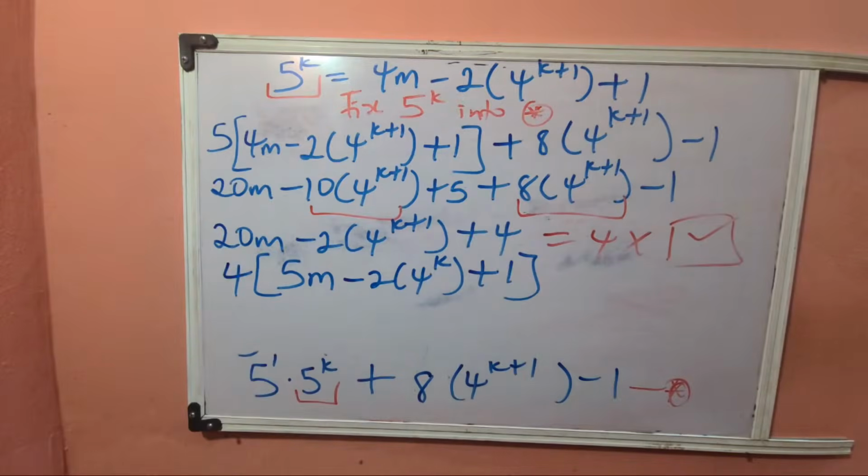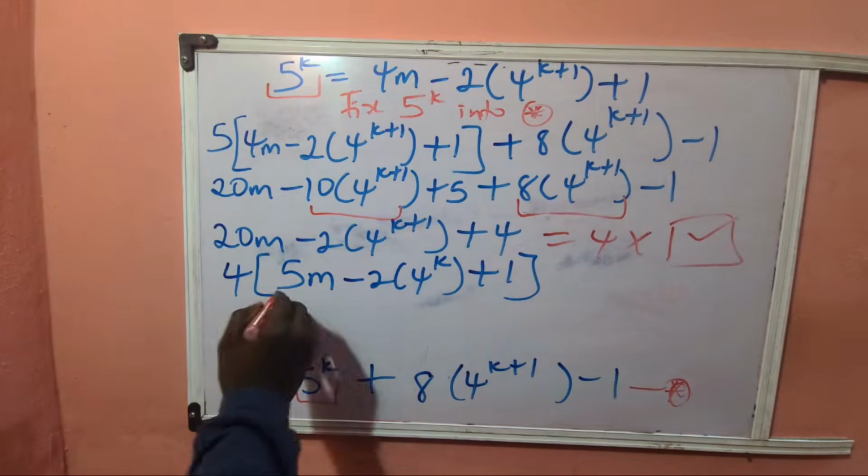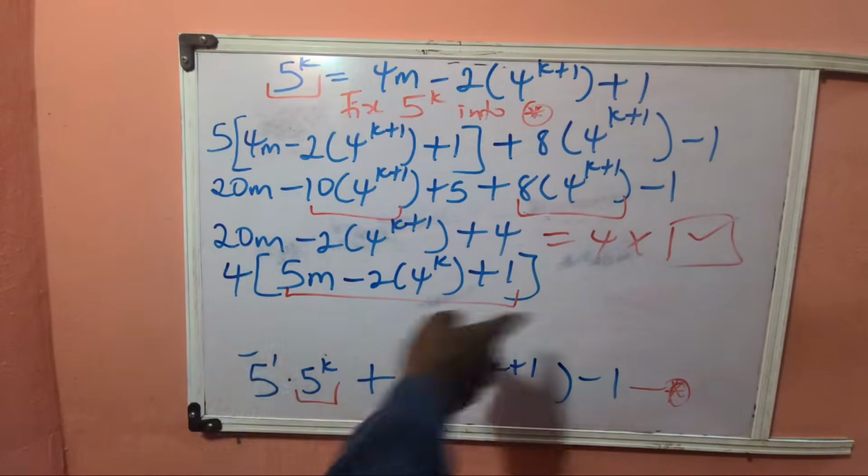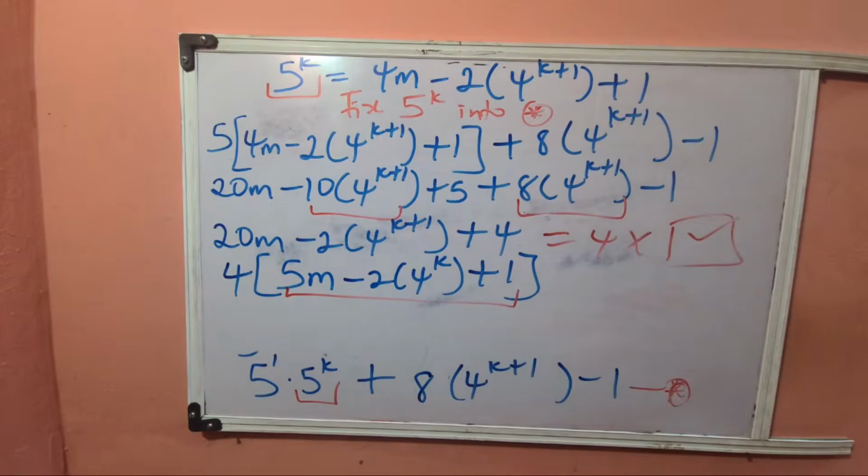Now, don't forget, k also was an integer because when we used k to represent our inductive hypothesis, where we said n equals k was true, k is an integer value. If m and k are integers, and you fix those integers into what you have here, any integer you want, you will notice that the result will always be an integer.